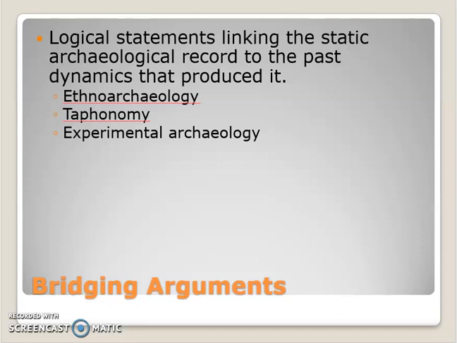Those are three of our main ways to bridge the past and the present, right? So we use these methods for making bridging arguments. These are going to be logical statements based on data that link the pots that we have in the past to the cultural practices that produced that data, right? So we'll use ethnoarchaeology, taphonomy, and experimental archaeology to do those things.